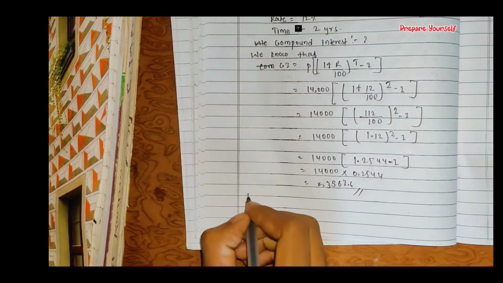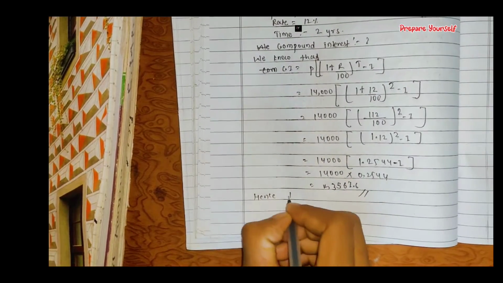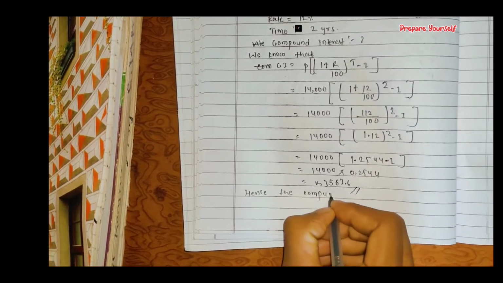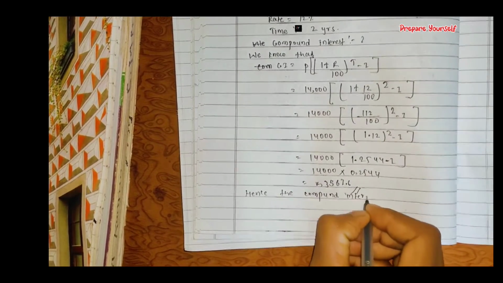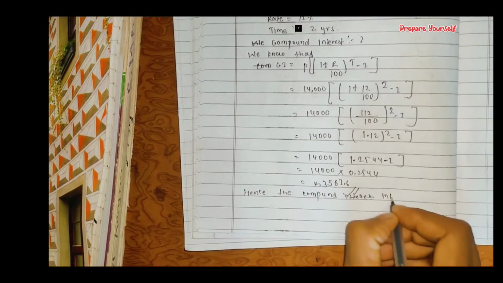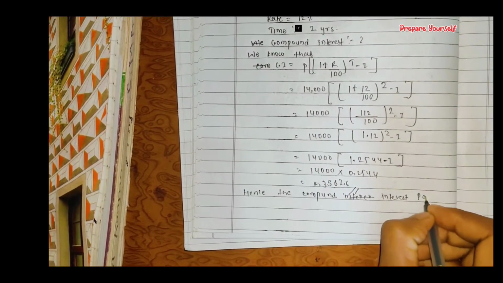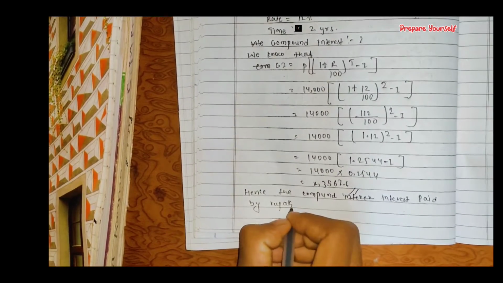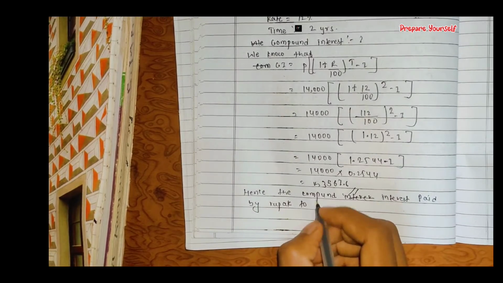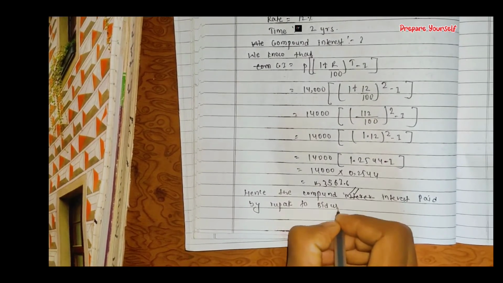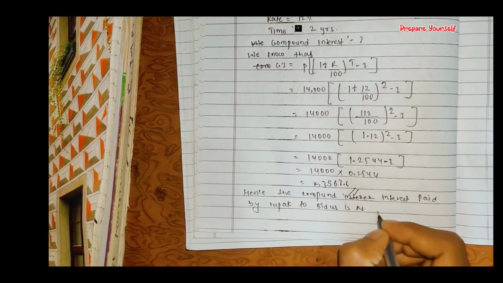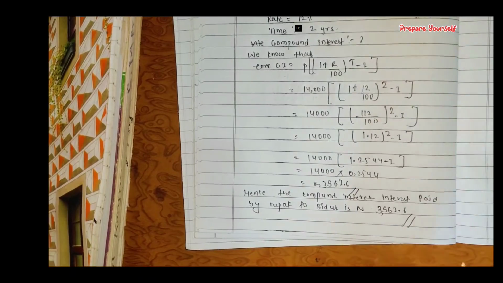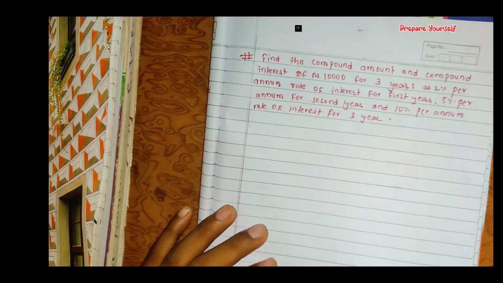Hence the compound interest paid by Rupak to Bidur is Rs 3,561.6.